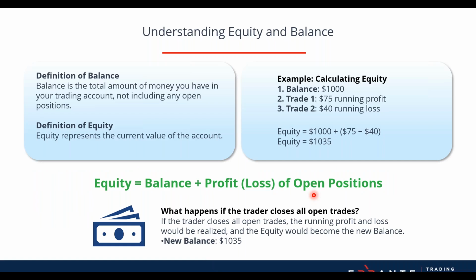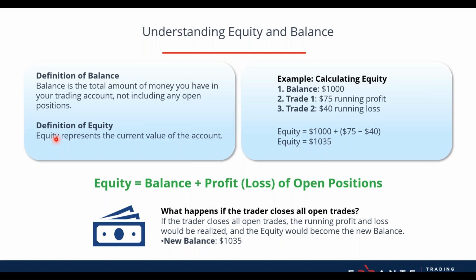Now that you've dissected margin requirements, let's shift our focus to the core components of your trading account, equity and balance. What is balance? Balance is the total amount of money in your account, excluding open positions. On the other hand, equity is dynamic.